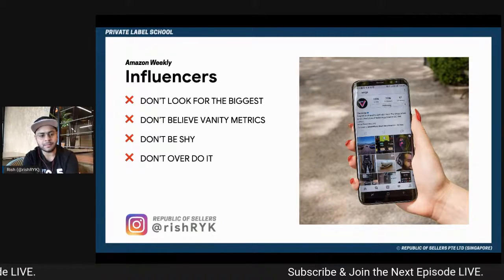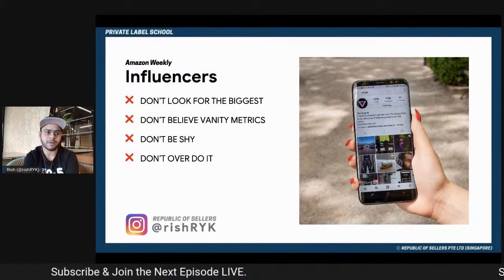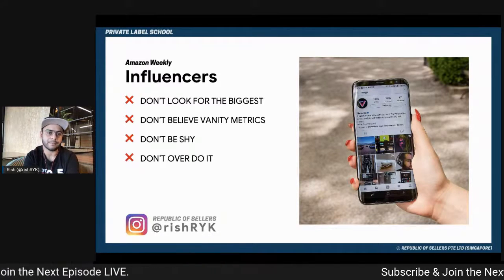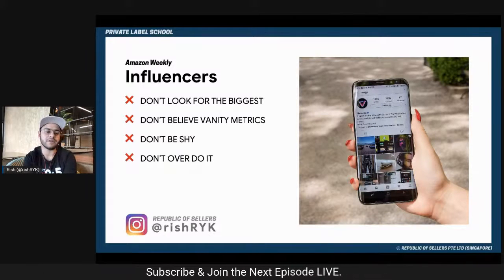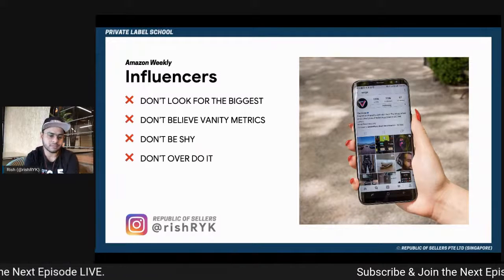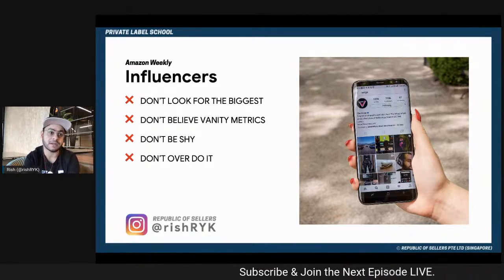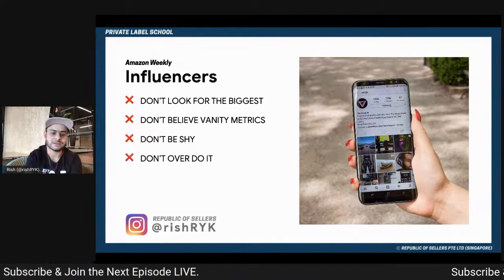And the number three point is don't be shy. Don't be shy in the sense, when I work with my influencers, before I finalize them, I always request them to share their audience insights or some kind of data which they have from their backend. There is data in the YouTube backend, there is data for every blog through Google Analytics, there is data in the Instagram backend as well.